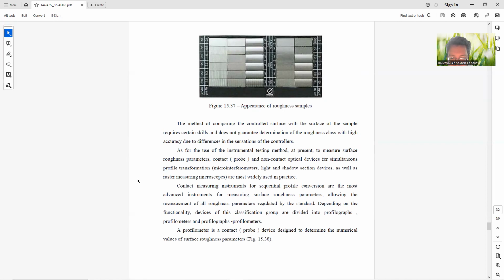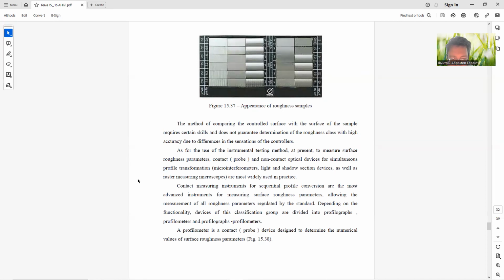Contact measuring instruments for sequential profile conversion are the most advanced instruments for measuring surface roughness parameters, allowing the measurement of all roughness parameters regulated by the standard.